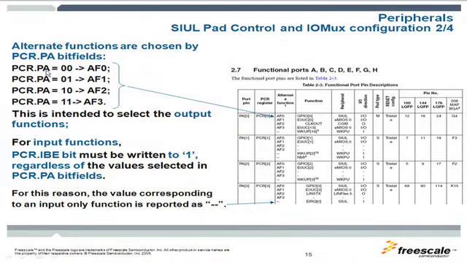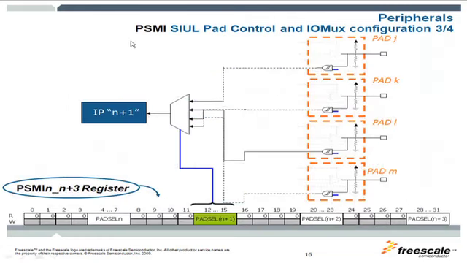So we can see the pad assignment in the pad configuration register. We have a 0, 1, 2, or 3 in this case, corresponding to those outputs that we want. Now for input functions, we must set this input buffer enable to 1, and then we are going to use a different register to select where that input will be used for a particular peripheral.